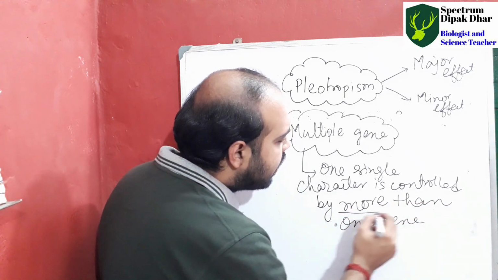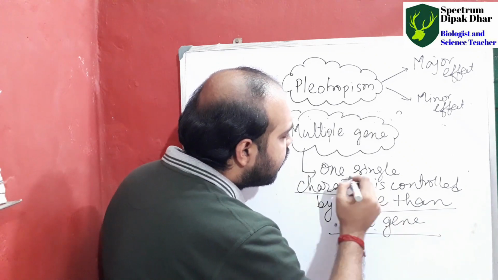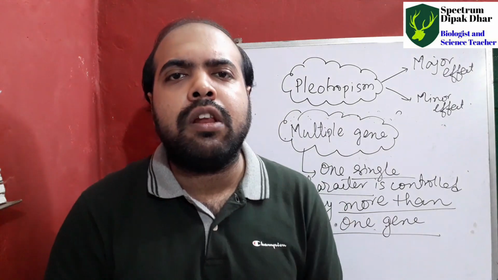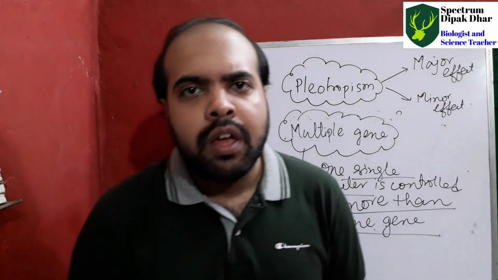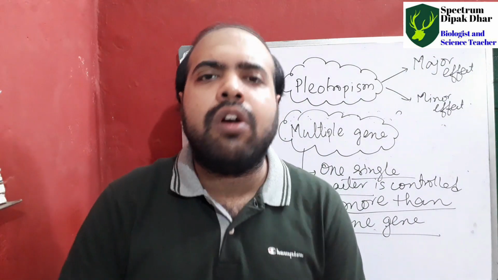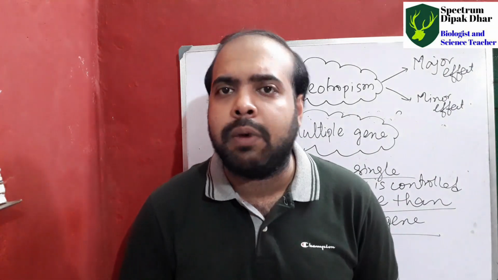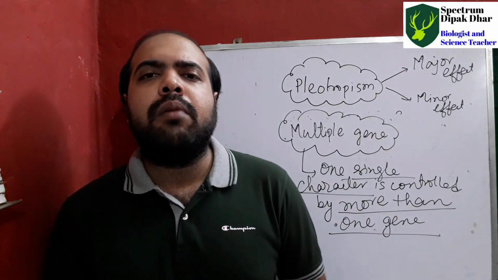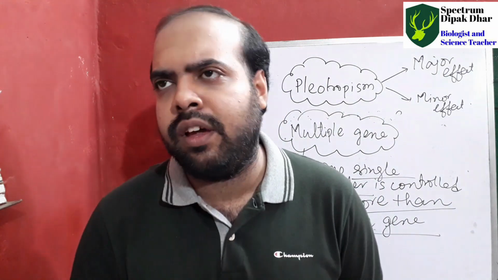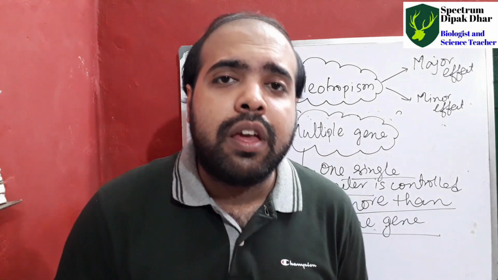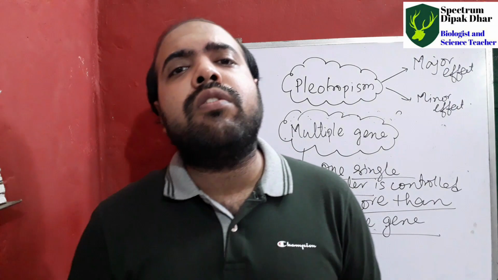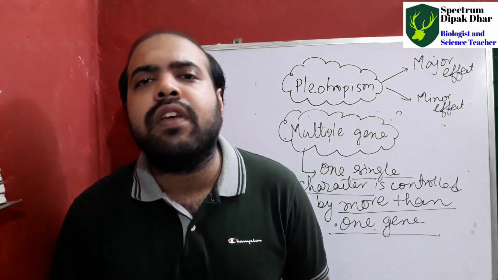It is exactly opposite to pleiotropism, and the most common example of multiple gene is the skin color. The skin color, that is the melanin pigmentation of our skin, is not controlled by a single gene but by more than one gene. Apart from the skin color, the structure of the hair, color of the hair, and the color of our eye are also controlled by more than a single gene.